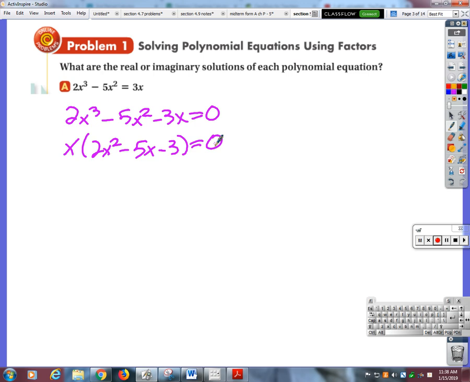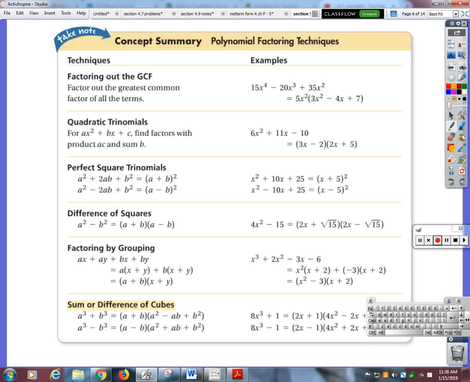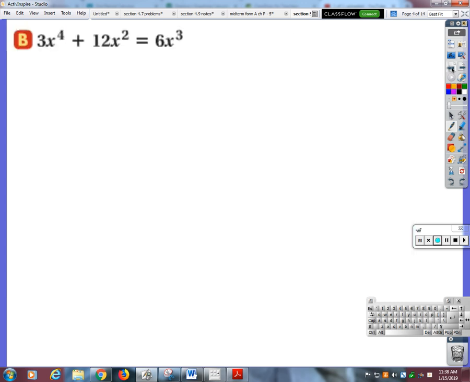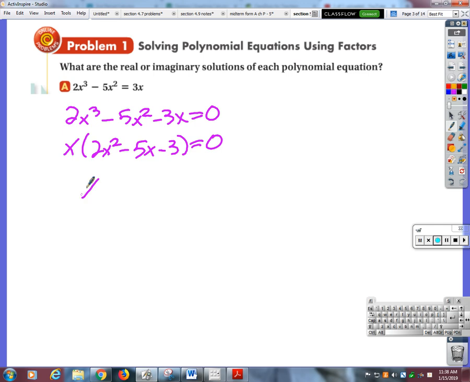Okay, then when we have it down into the trinomial like this, that is an example of the second case right here, where we're going to try to factor that by putting it in 2 parentheses, okay? So the x stays out front, and then I'm going to put some double parentheses right there. This is a little bit different than some of the ones we've done because instead of starting with an x squared, it starts with a 2x squared.